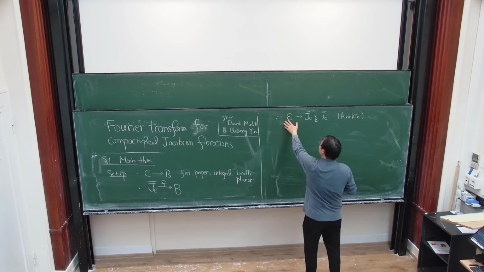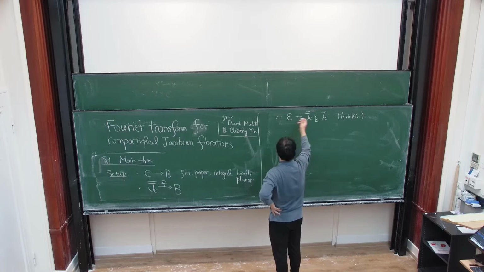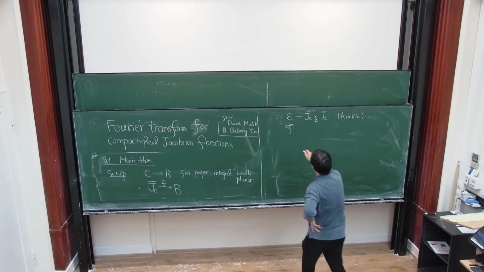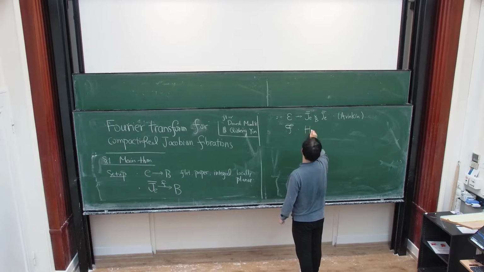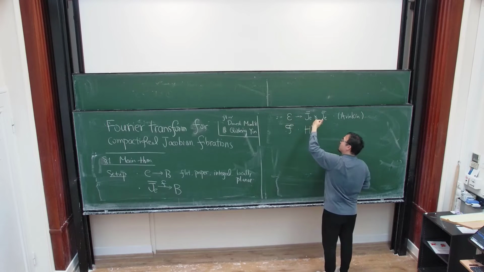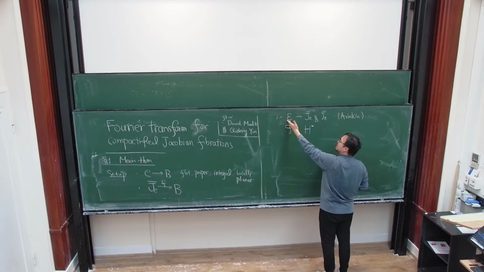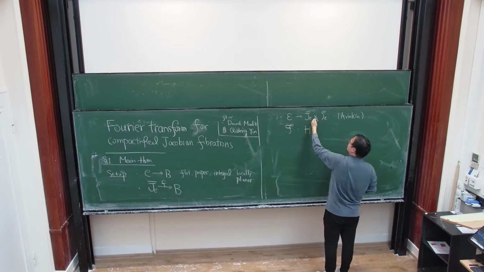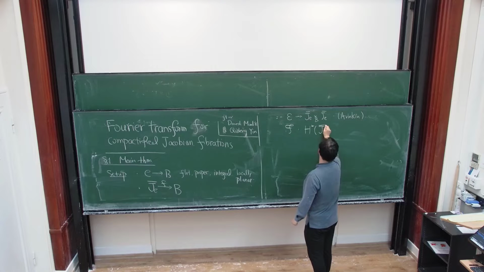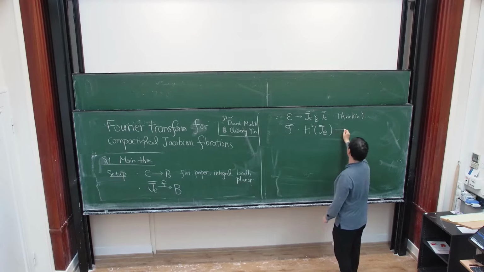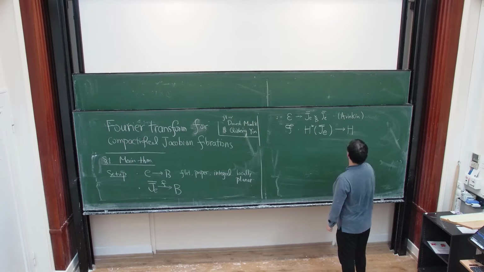I'll tell you what this E is like, but before doing so, let me set up a notation. Starting from this E, we can induce a cohomological correspondence, because we can take characteristic classes of this E, which gives a cohomological correspondence, which is our Fourier transform operator.